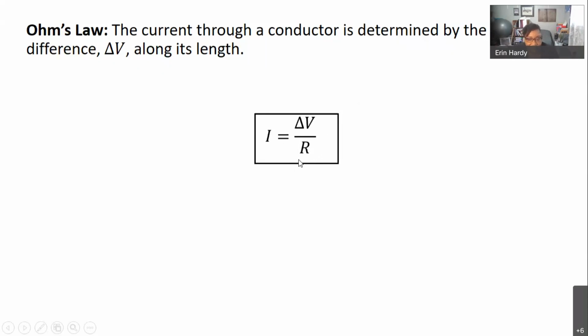We're going to see that coming up a little bit. But except for those cases, R is a constant. So if you can measure V, you can gain insight about I. If you can measure I, you can gain insight about delta V. And if you don't know the resistance, which was our case last week, you could take these two measurable quantities, our external quantities, and figure out what the resistance has to be.